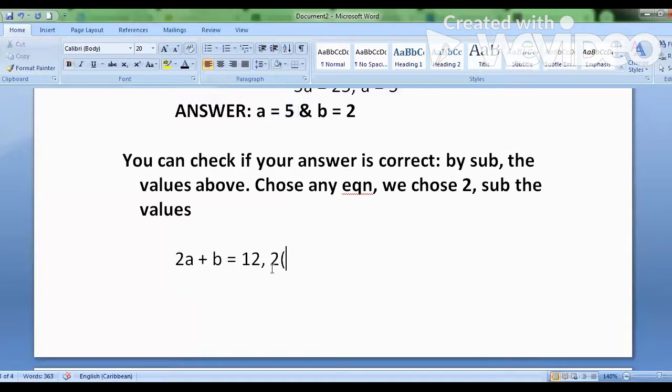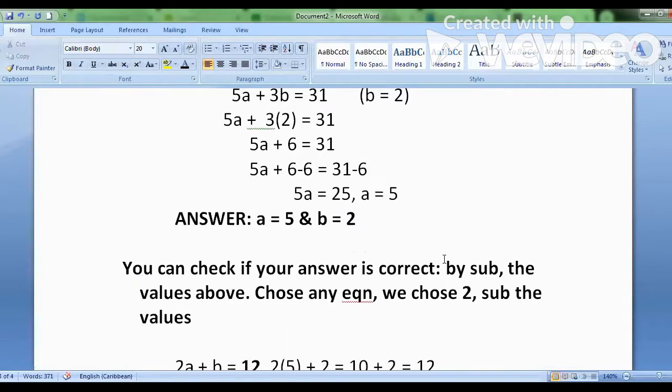So we replace A with 5, and this is plus B. What was B? 2. What's 2 fives? 10. What's 10 plus 2? 12. We get back the 12, so the answer is correct.